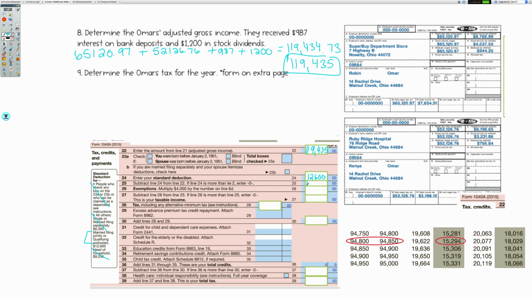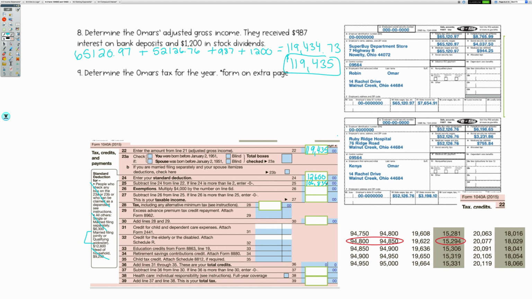There we go. So 106,835. So we're just subtracting that from our income, and that's based on the Omars filing married.